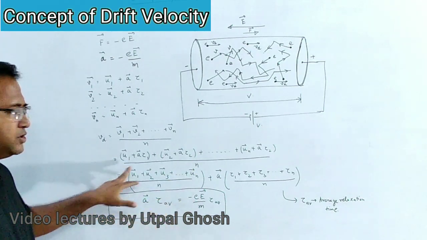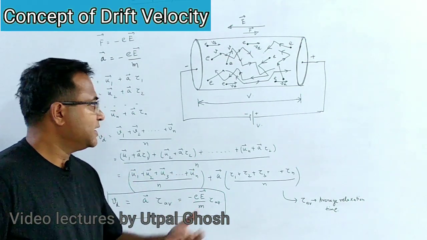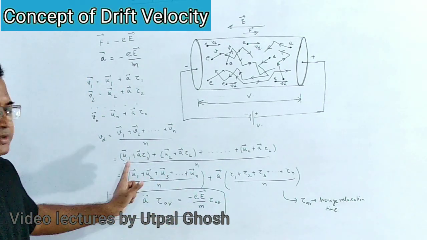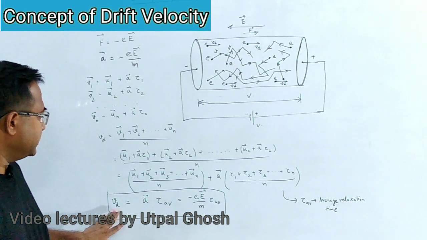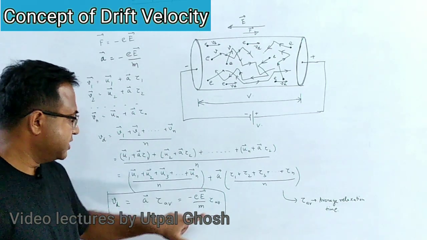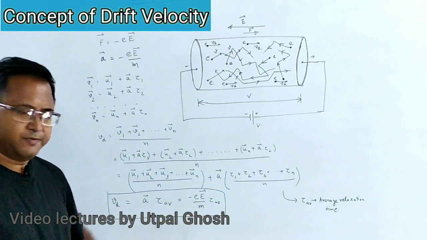And this term will be 0 because the average velocity of all the electrons before application of the battery is 0. So initial velocities will be 0. So drift velocity becomes a into tau average. a is the acceleration. If you put the value of acceleration, it becomes eE by m into tau average.